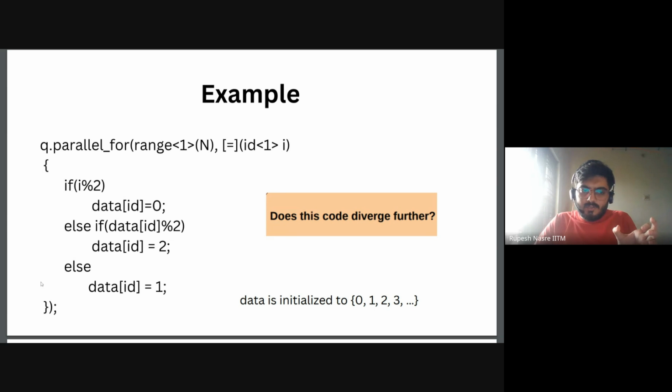They will check the else-if statement, data[i] modulo 2. All the even threads will definitely satisfy modulo by 2, because the data is initialized that way. So the whole execution will be completed by this, and none of the threads wants to execute the else instruction.